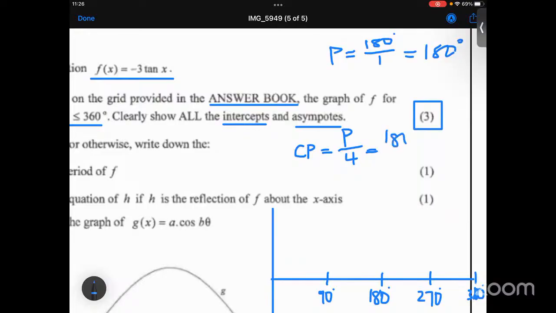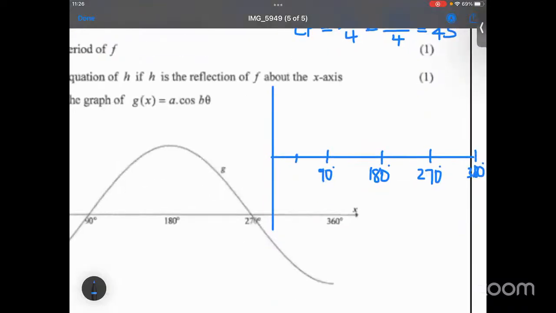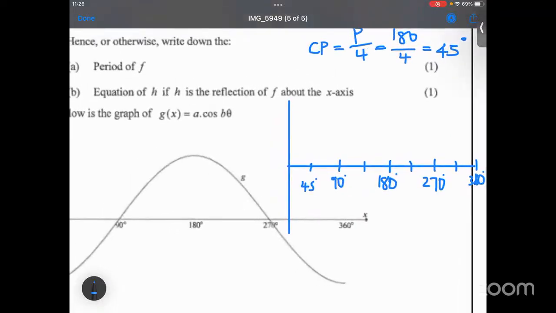So that means we have 180 degrees that you divide by 4. What will that be? It will be 45 degrees. Yes. So that means you have to have your 45 degrees, and then you increase that, and then that. So you will see why that 45 is important.